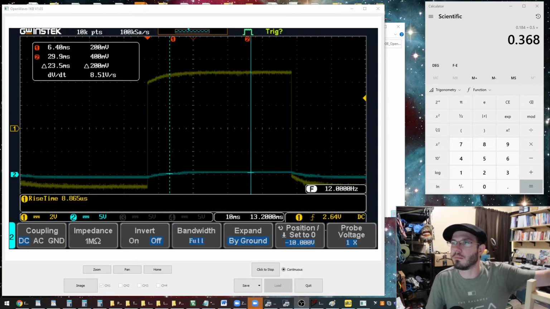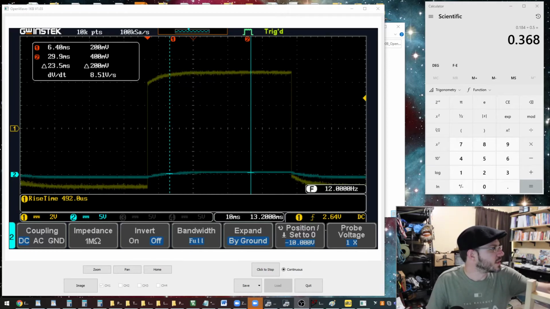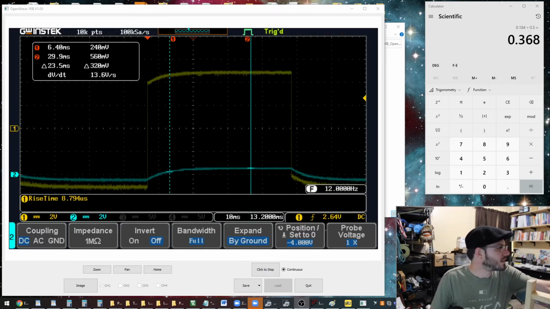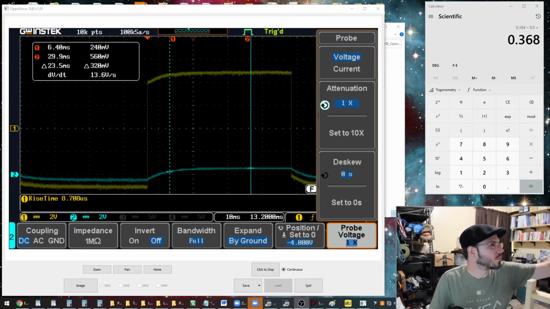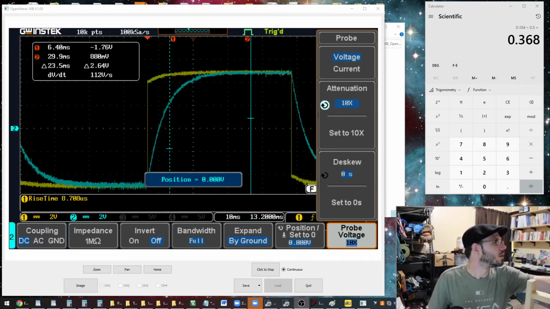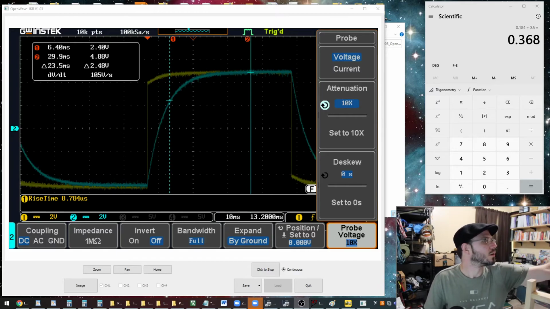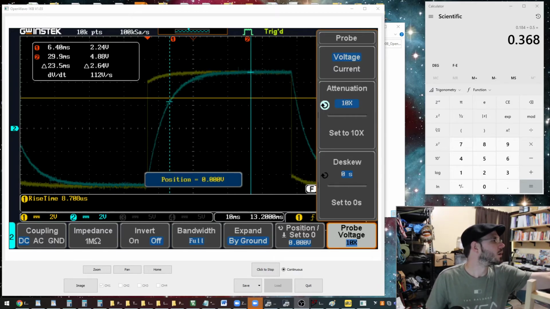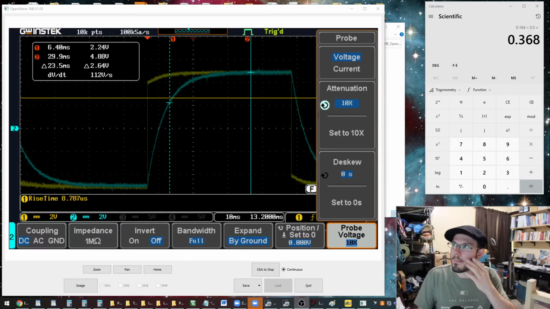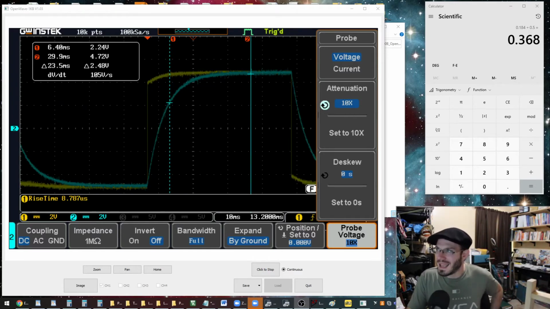And let me pull up the blue waveform, and I'm going to set the scale to be the same. What? Oh, voltage probe 10 times. There we go. Okay.